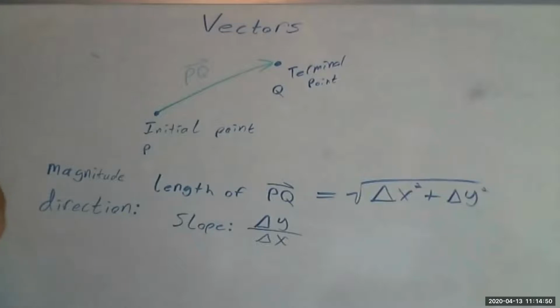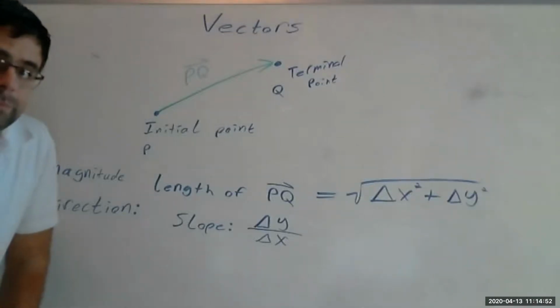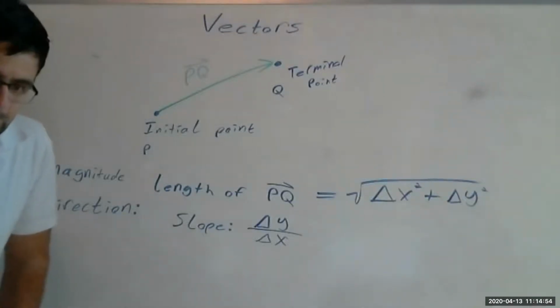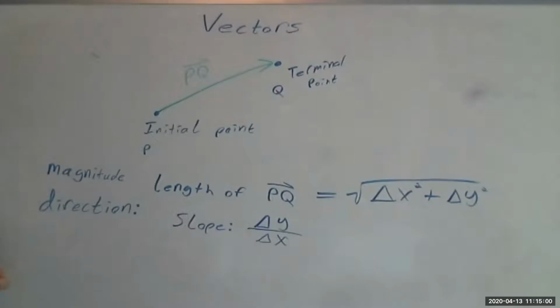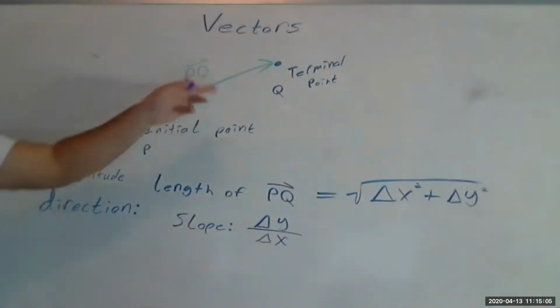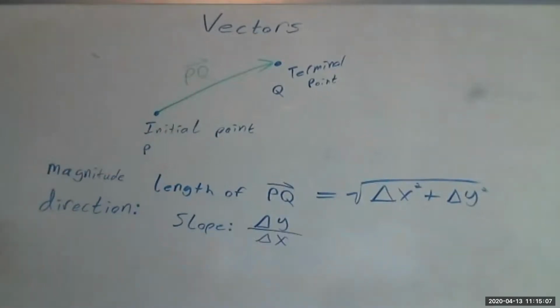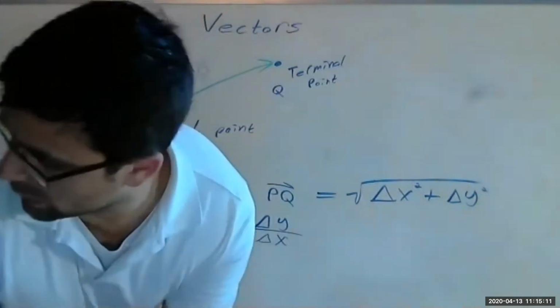So for two vectors to be equal, they have to be equal in all of their properties. So they have to have the same magnitude, which is the length of the arrow, and they have to have the same direction, which is which way that thing is pointing.